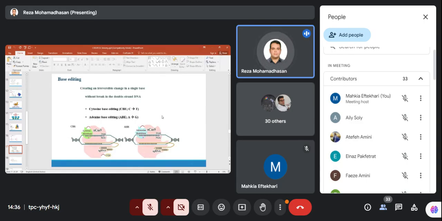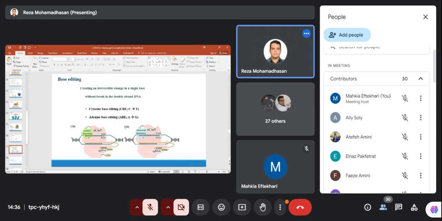And what are the components of both systems? For CBE, cytosine base editing, it is cytosine deaminase and also UGI, that is uracil glycosylase inhibitor.